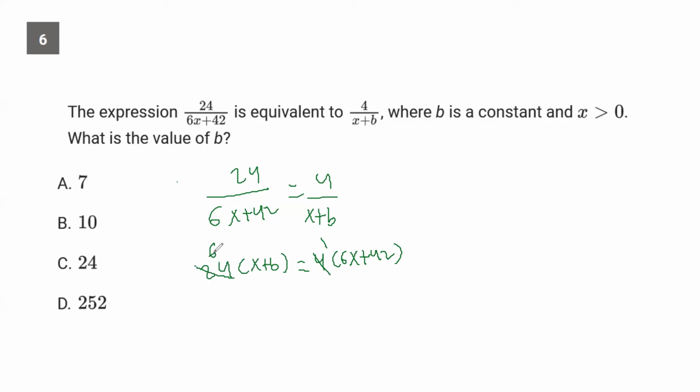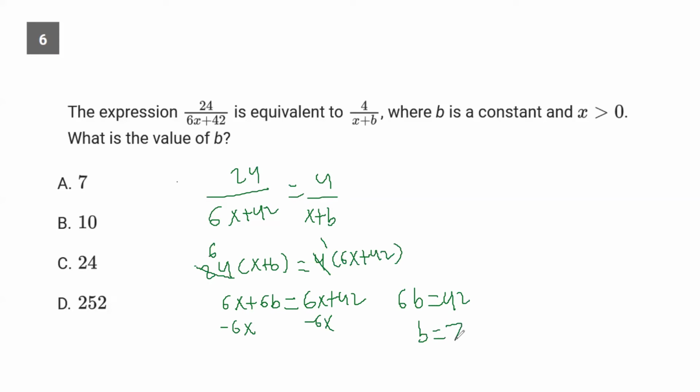This becomes 6. So then we get 6x plus 6b equals 6x plus 42. When you subtract 6x, they cancel out, which is what we want. And you get 6b equals 42.